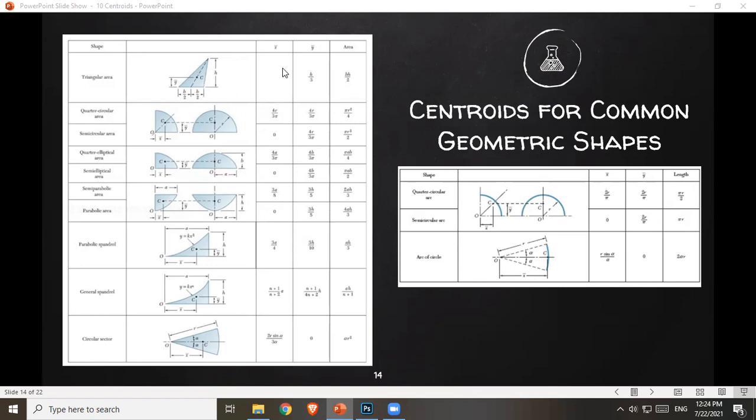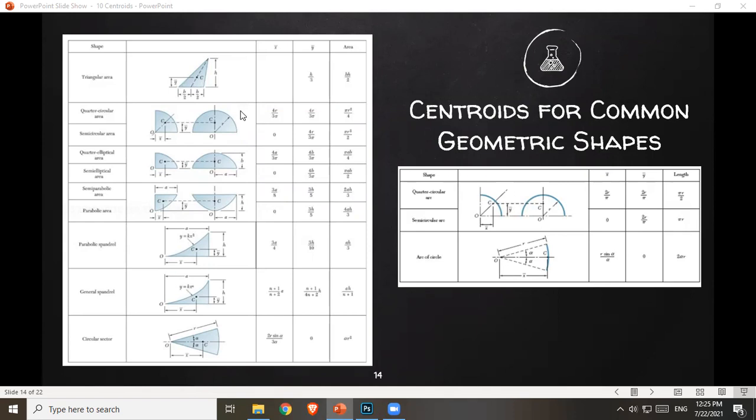So for here, x bar is not included. We just have your y bar. So y bar, h over 3, this distance is based on the bottom portion of your triangle. So on its actual base. So distance of centroid from the base of a triangle is h over 3.